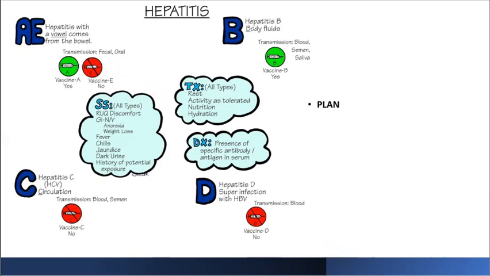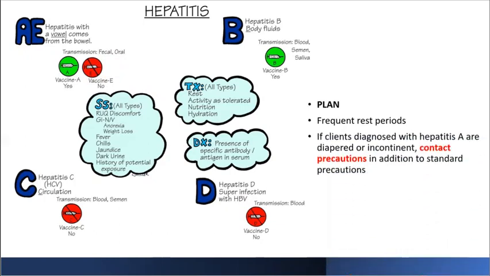So what's our plan for the clients with hepatitis? We want to encourage frequent rest periods. If the client is diagnosed with hepatitis A, is incontinent, or they are using diapers, we want to initiate contact precautions in addition to standard precautions.